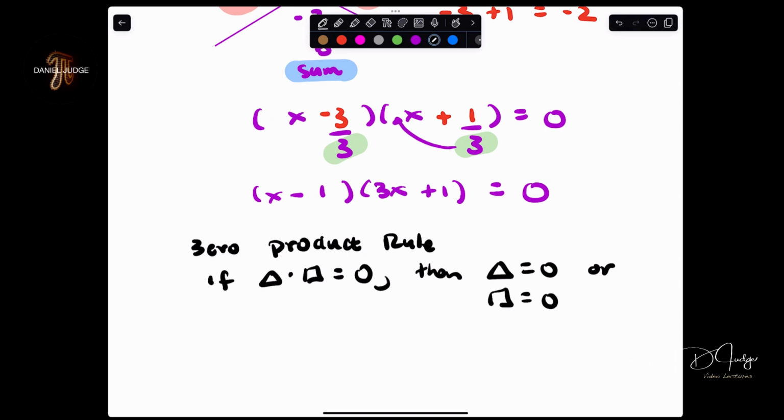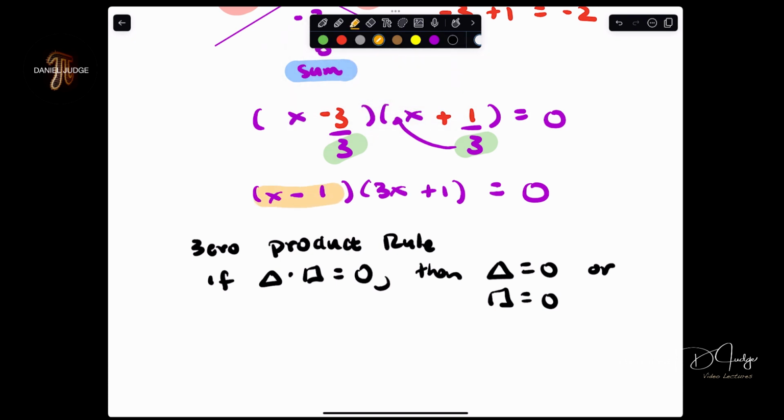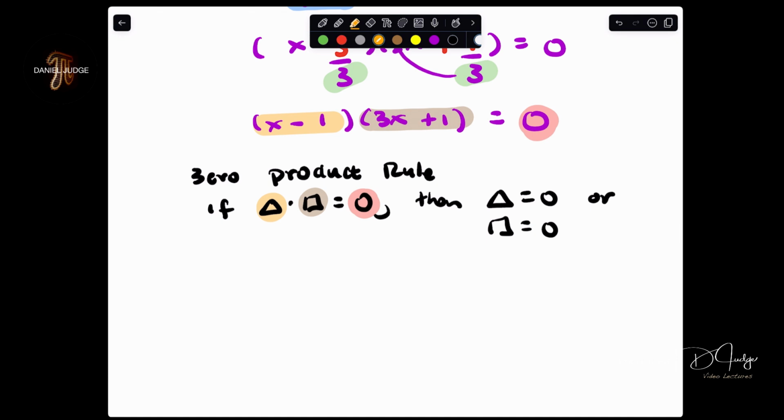So I want you guys to see this here, zero product rule, and we'll put orange here. Here's the first term. And I guess I'll use brown for the second term. And this is going to equal 0. So the product equals 0 here. So again, that means the first term was 0 or the second term was 0 or even both. Now, that's the zero product rule.